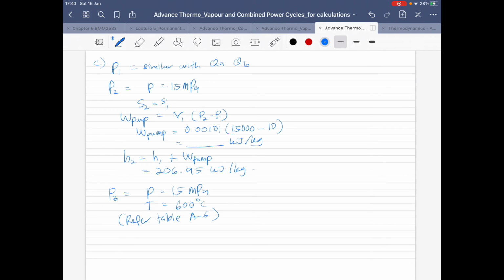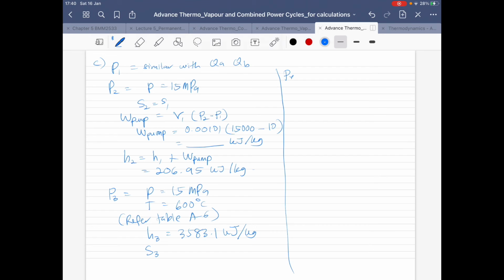We get H at point 3 as 34... Okay, you can get the value for what? S3. Get the value for S3, because S3 will be used for S4.